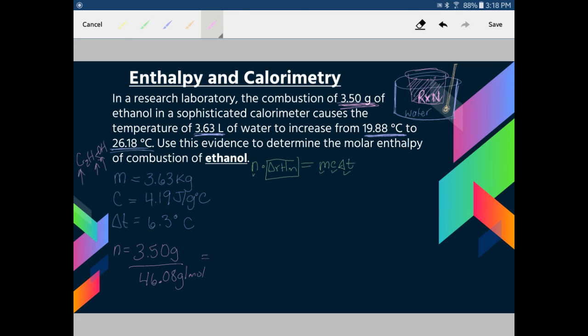So when I simplify this, if I have 3.50 divided by 46.08, that's going to equal 0.0759. We'll go with 0.07595.